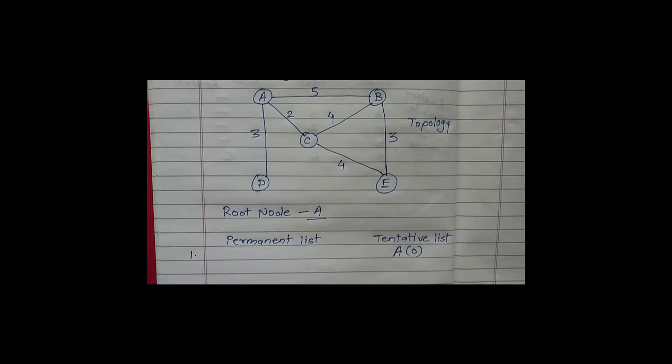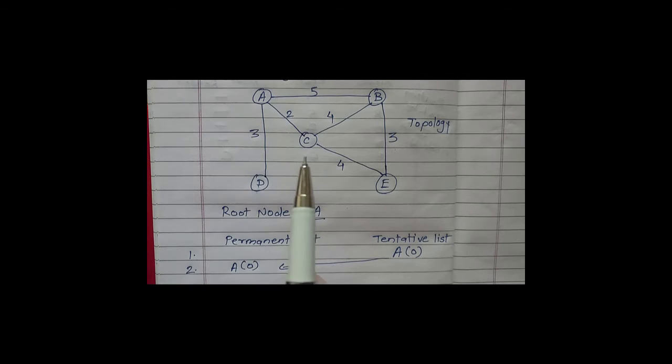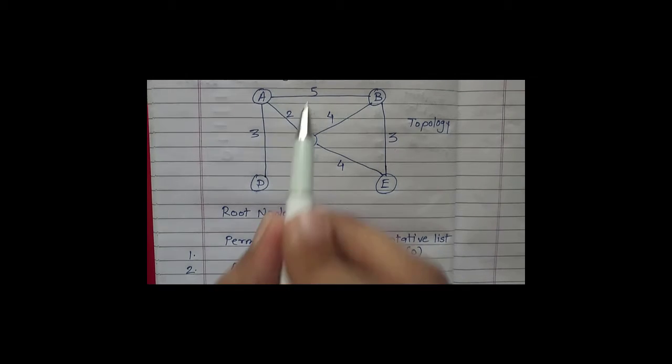Now in the second step, what I have to do is move A to the permanent list and add its immediate adjacent nodes to the tentative list. So first I will move A to the permanent list. And what are the immediate adjacent nodes of A?